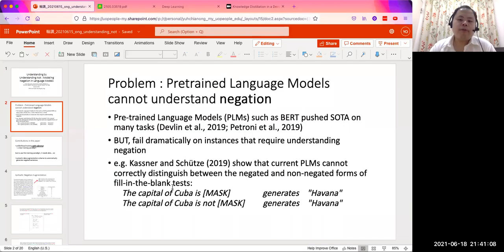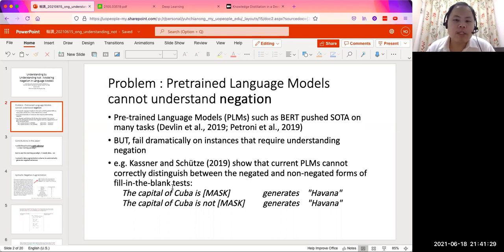Firstly, let's talk about the problem that this paper attempts to solve. There has been a lot of progress with pre-trained language models, and we can fine-tune these models to help us solve a lot of problems. However, pre-trained language models cannot understand negation.